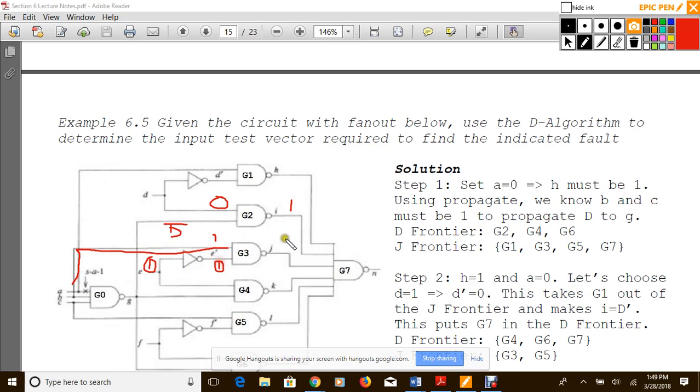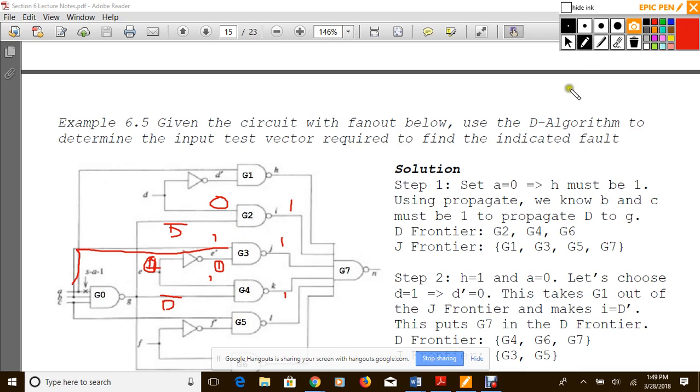So we want a 0 here, so we can get a 1 on the output. Put a 1 there, we get a 1 and D bar, and we're getting a 1 again. Now see what the issue is there? What do you think the major issue is there? We're not propagating the value to the output.